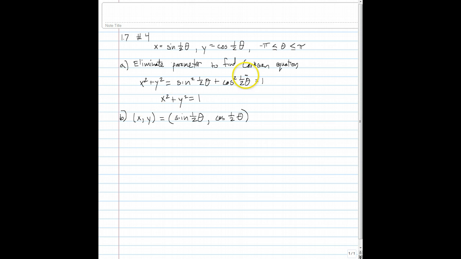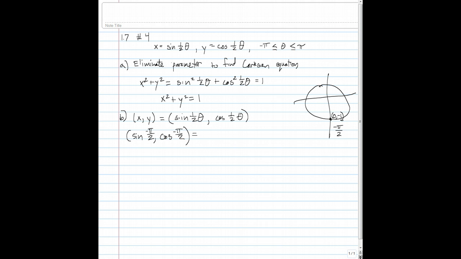So let's start with the leftmost value, or the smallest one, negative pi. So our first point, if we substituted a negative pi in, would give us the sine of negative pi over 2, and then the cosine of negative pi over 2. So to figure out that point, we have to recall our unit circle, and recall that negative pi over 2, the angle is down here, and this is represented by the point 0, -1.